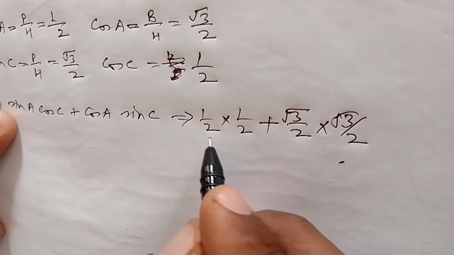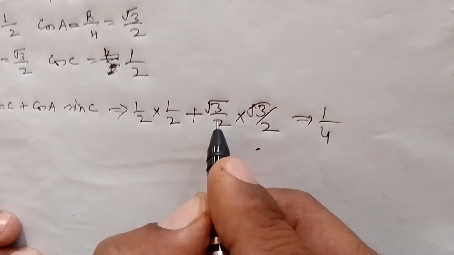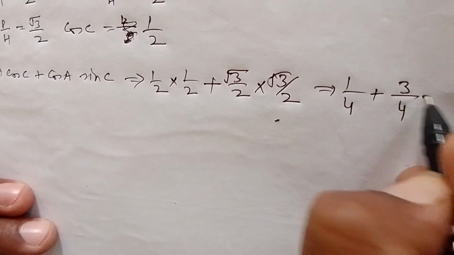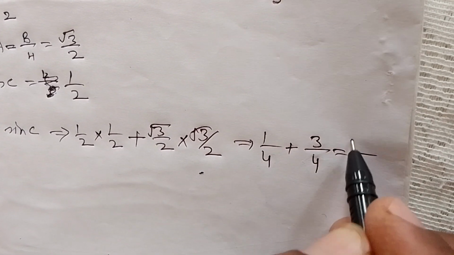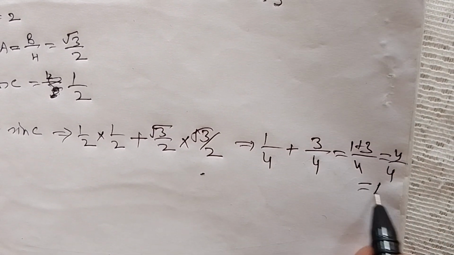So 1 by 2 multiplied by 1 by 2 comes out to be 1 by 4. Under root 3 by 2 multiplied by under root 3 by 2 comes out to be 3 by 4. So taking LCM 4, 1 plus 3 becomes 4 by 4. The answer comes out to be 1.